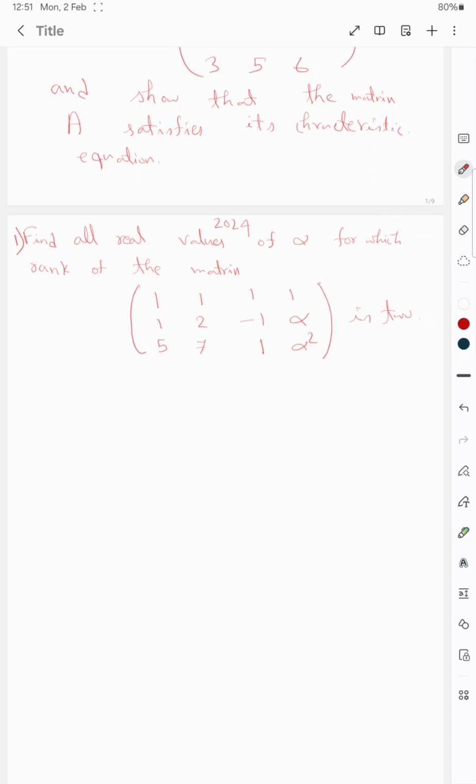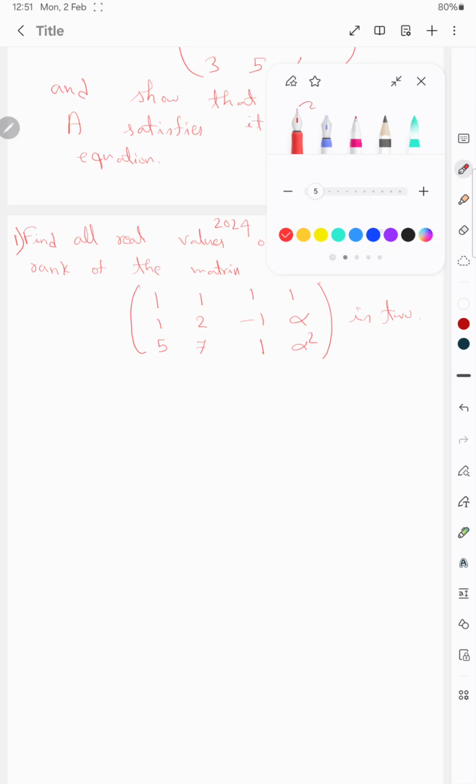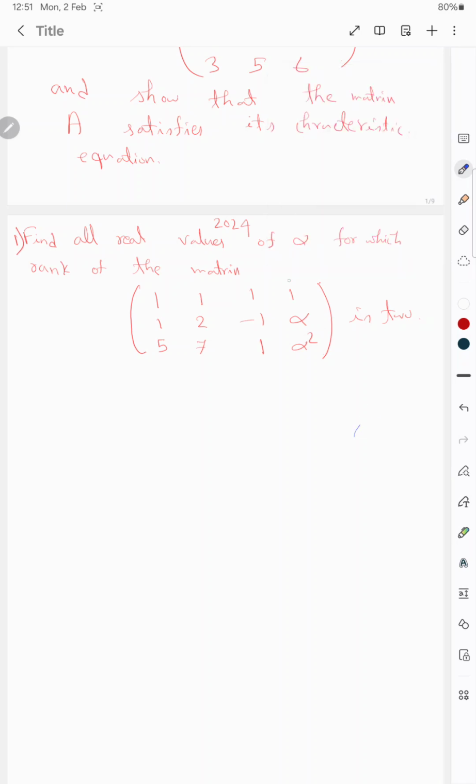Basically, either you can think in this problem, the 3 order minor rank is not there, right? So from there you can say that, you see, this is also a 3 order minor, so this determinant should be 0, right? Otherwise rank should be 3.